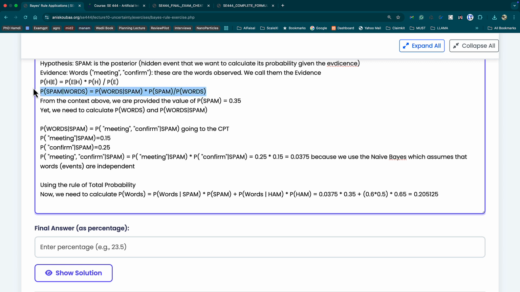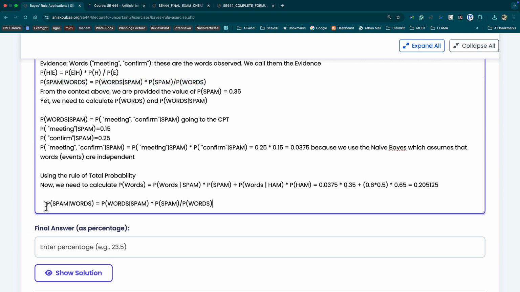I'm going to come back to this formula, and I will just bring the values.